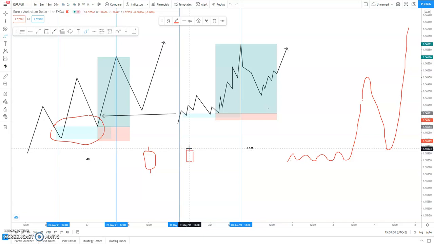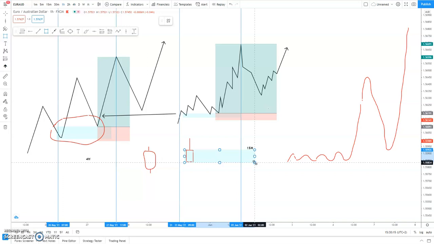Depending on the time frame, if it's a candle like this, you'll just use the body, or you can use your 50%.